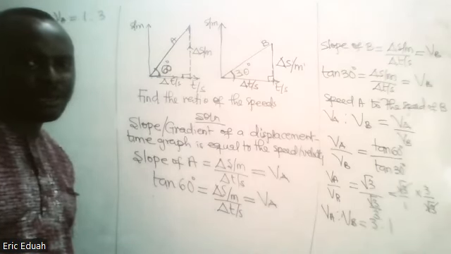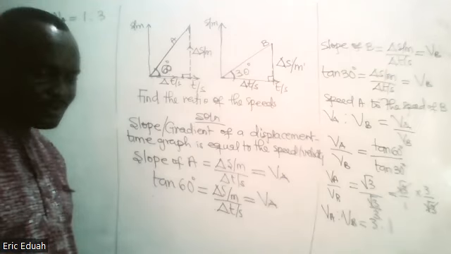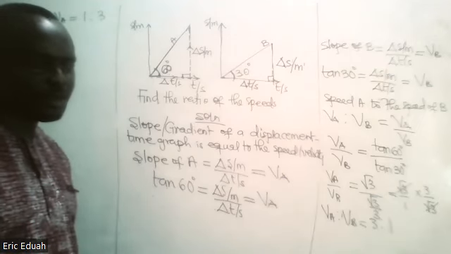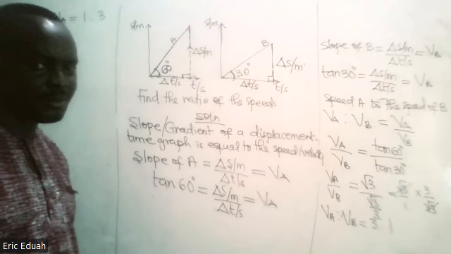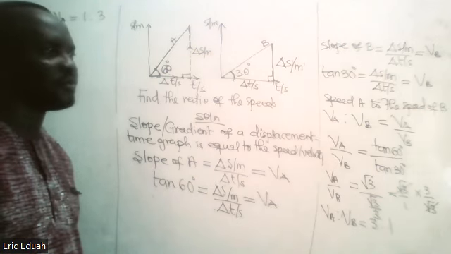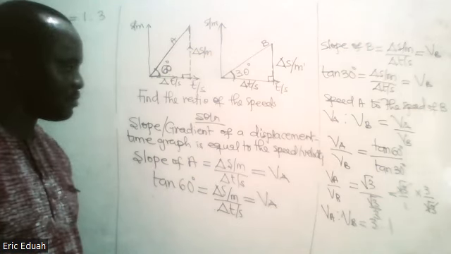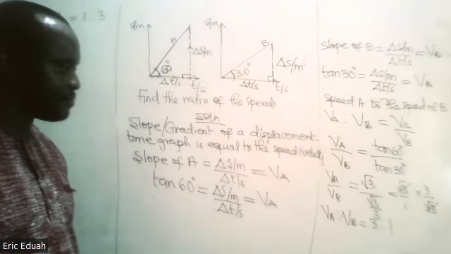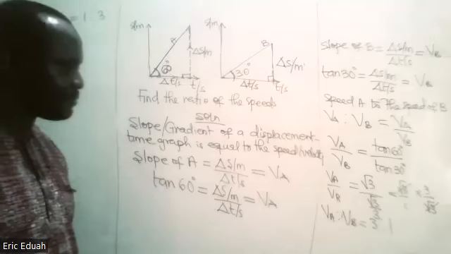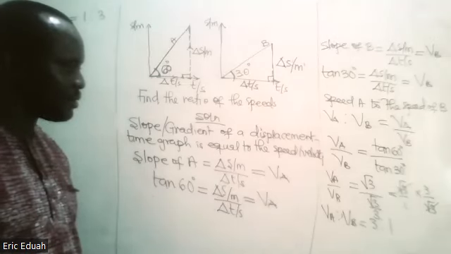Florence. Please, you see the root 3 on 1 times 3 on root 3. Come again, the VA over VB.